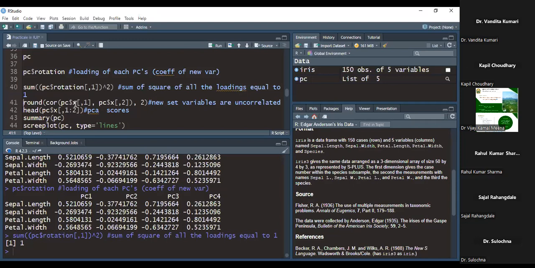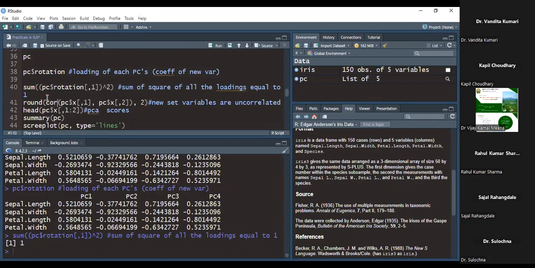Again, one more thing was that the correlation between the first principal component and the second principal component equals 0. That means the new set of principal components that has been generated are uncorrelated. So what we are going to find out is the correlation between them.